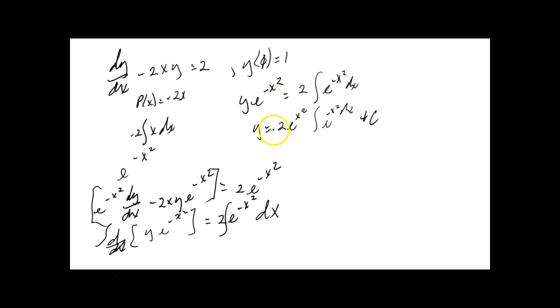If you had multiplied and divided this by root pi, now one thing I noticed they did here, they didn't multiply through by e to the x squared.